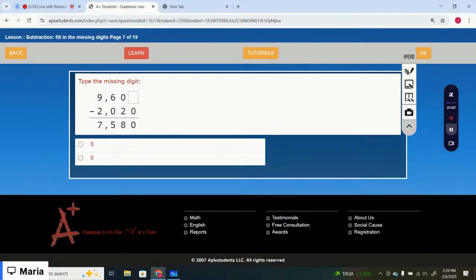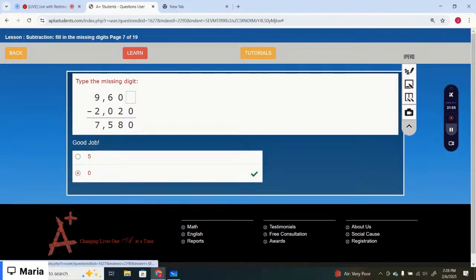So which is the correct option? Zero take away 0 is 0.